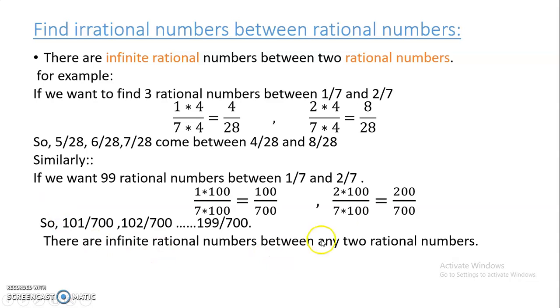And if I ask you to find 1 lakh rational numbers in between these two numbers, you will multiply with 1 lakh plus 1, and you will get lakhs of numbers in between any two rational numbers. Therefore, you can say that there are infinite rational numbers between any two given rational numbers. You just have to multiply and write as many numbers as you can. Correct?